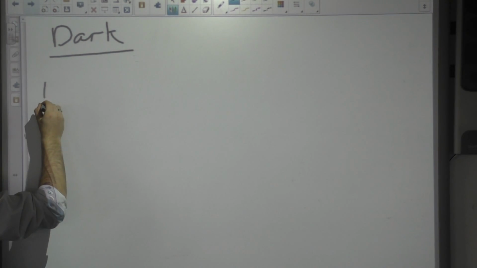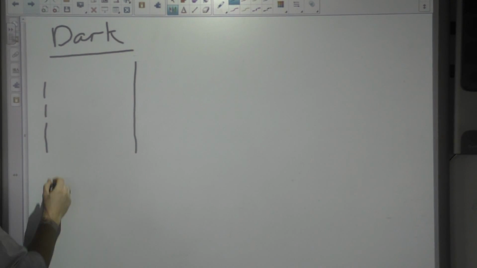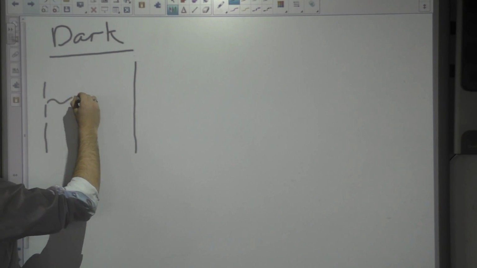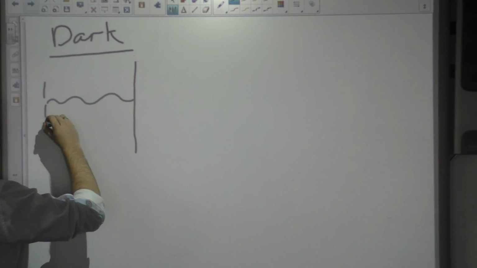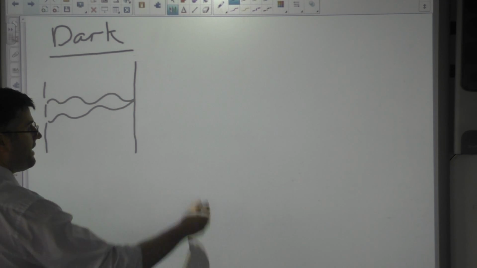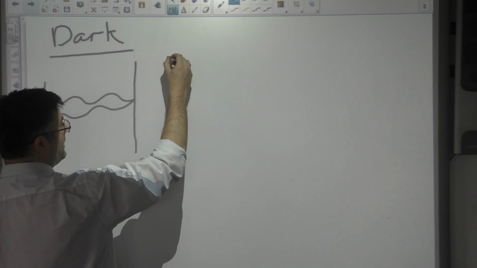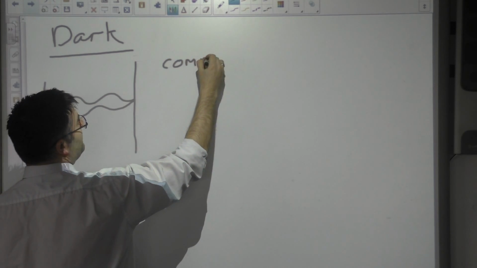So again, dark spots are created, as before, where we have a situation where the waves meet and they are out of phase. We state this as being completely out of phase.